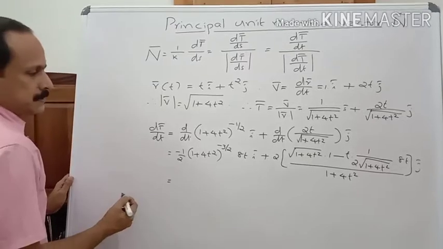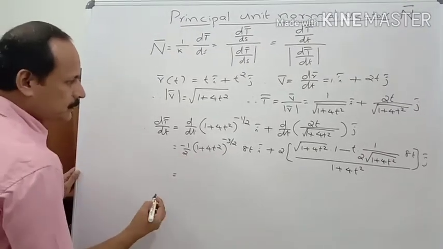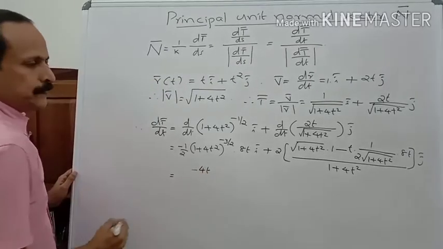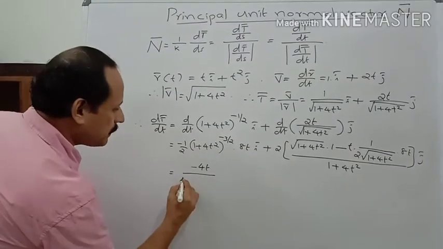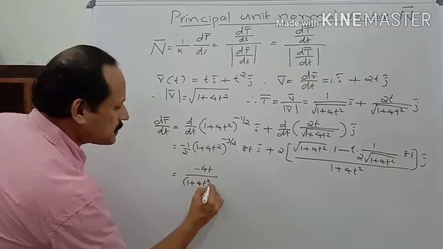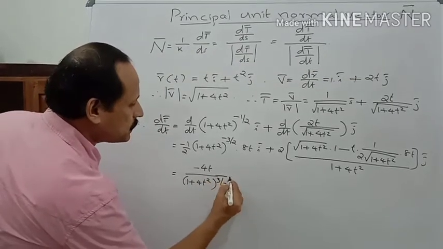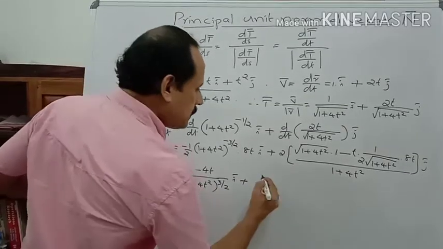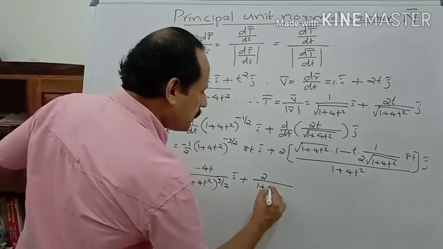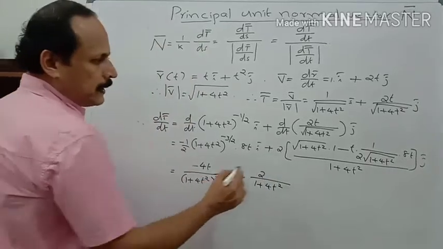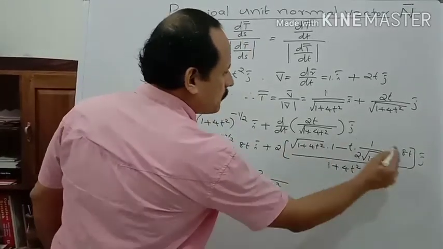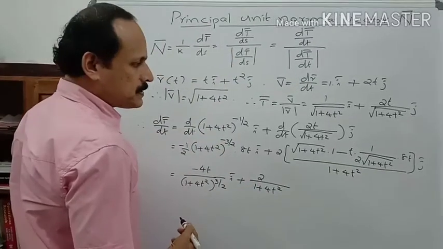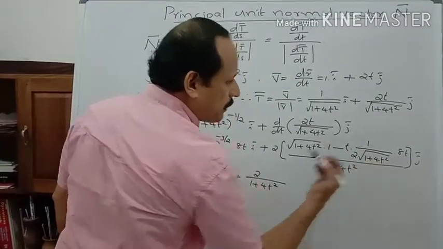Now simplify: 8 by 2 is 4, therefore negative 4t, and take this term to the denominator, then 1 plus 4 t square whole raised to 3 by 2 into vector i plus, write this as 2 by 1 plus 4 t square and take this numerator, there take LCM as root 1 plus 4 t square and simplify 8 by 2.